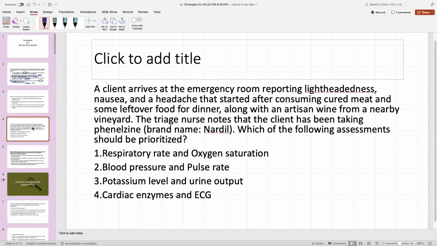Here we have two possibilities. Honestly, I don't know actually, so I'm just trying. First of all, we might think it's food poisoning, or there is a drug.